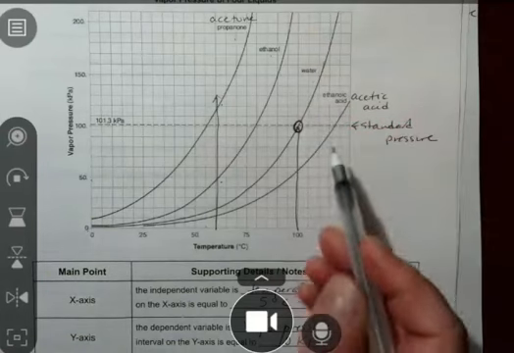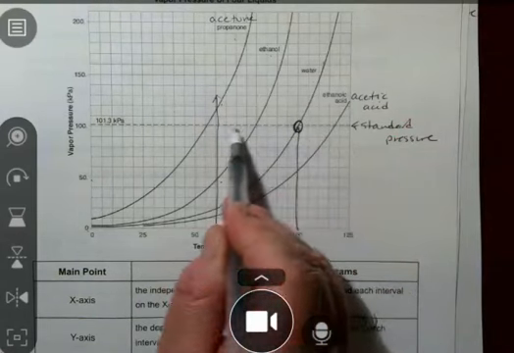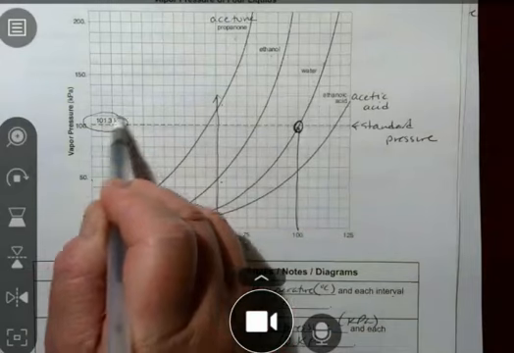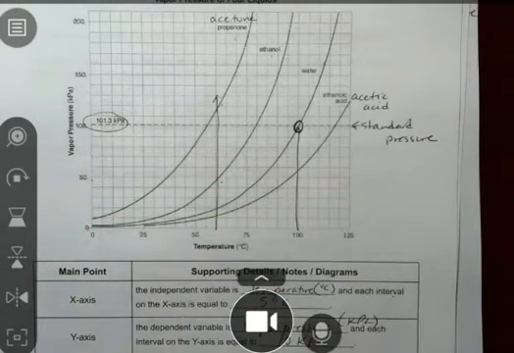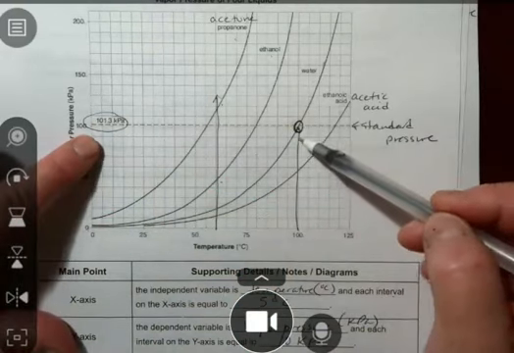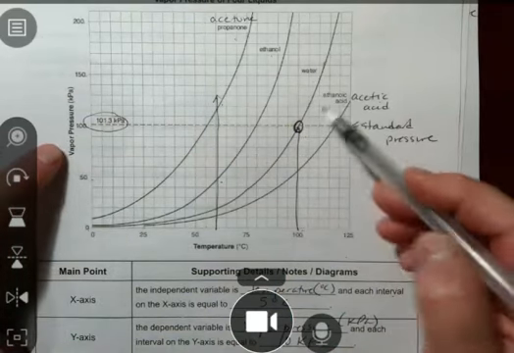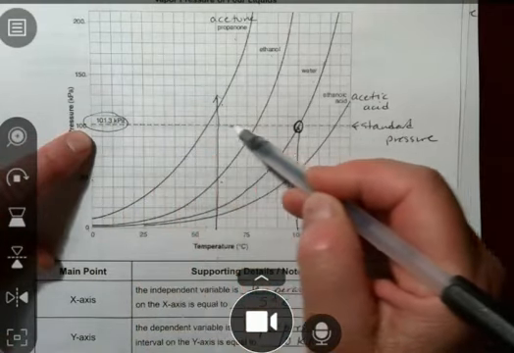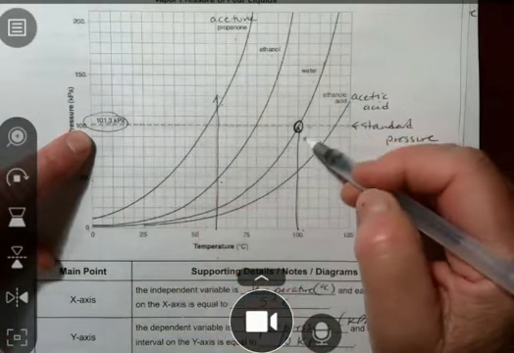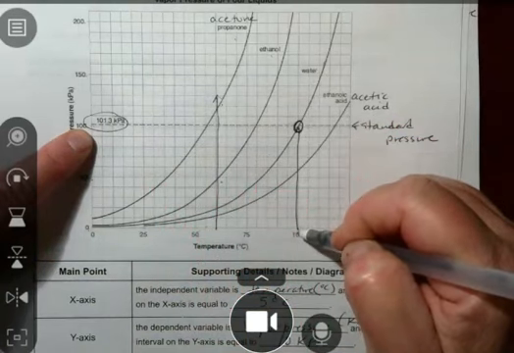But that is what we call the normal boiling point, because that's when the atmospheric pressure is at standard pressure. So in order for the vapor pressure to match atmospheric pressure, you have to heat it up quite a bit. So when the pressure of the liquid is at 101.3, and that equals atmospheric pressure, then the water temperature has to be at 100.